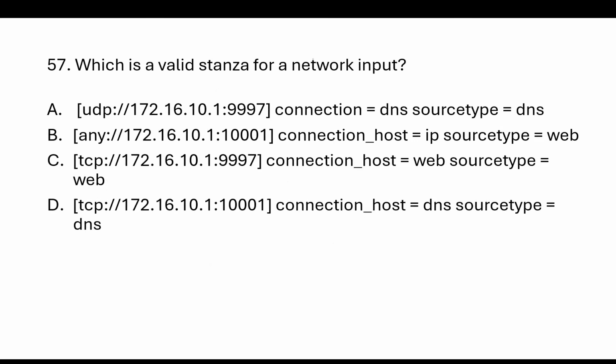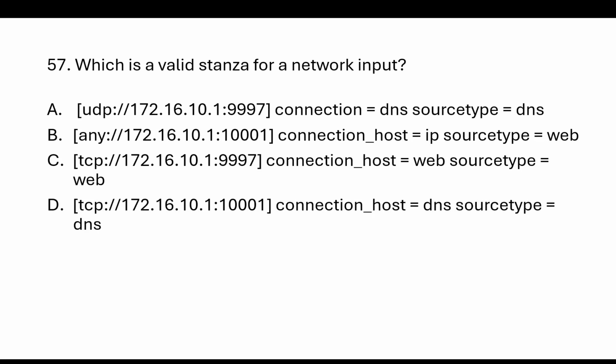Question number 57. Which is a valid stanza for a network input? Option A, UDP colon IP address colon port, connection equals DNS, source type equals DNS. Option B, any IP address colon port address, connection host equals IP, source type equals web.